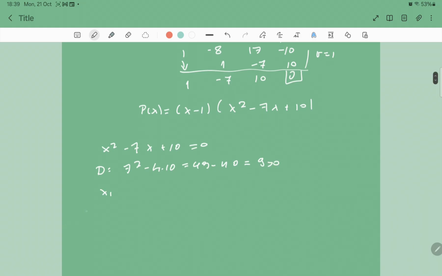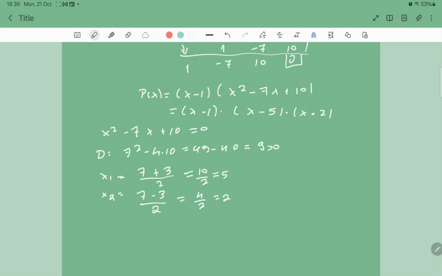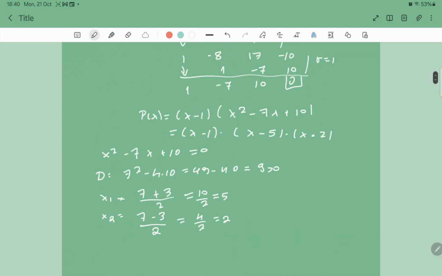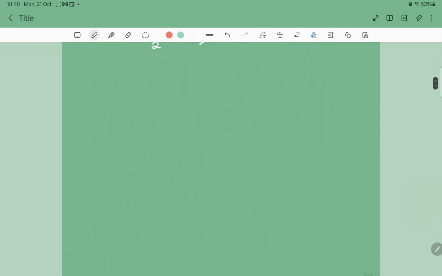And the solutions of this polynomial are 2 real solutions. What is the square root of 9? It is 3. So I go back here and I have x minus 1 times x minus 5 times x minus 2. Here is my polynomial of degree 3 factorized.